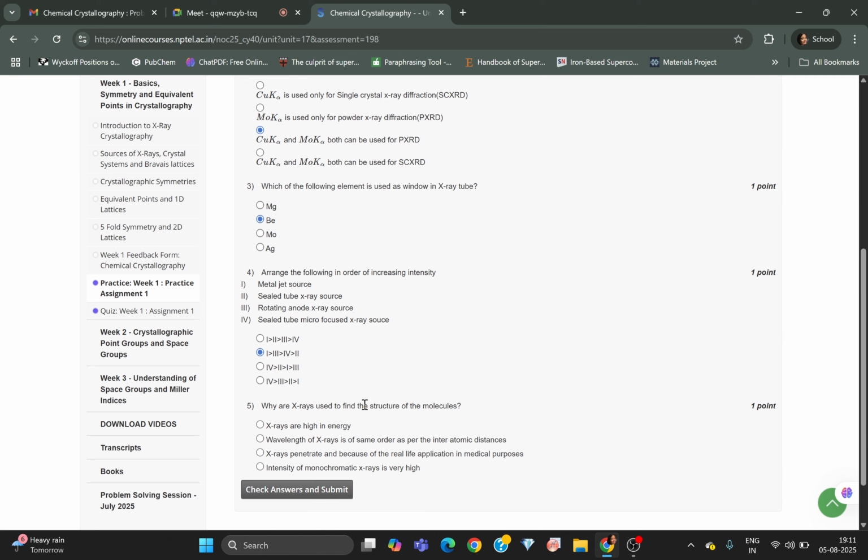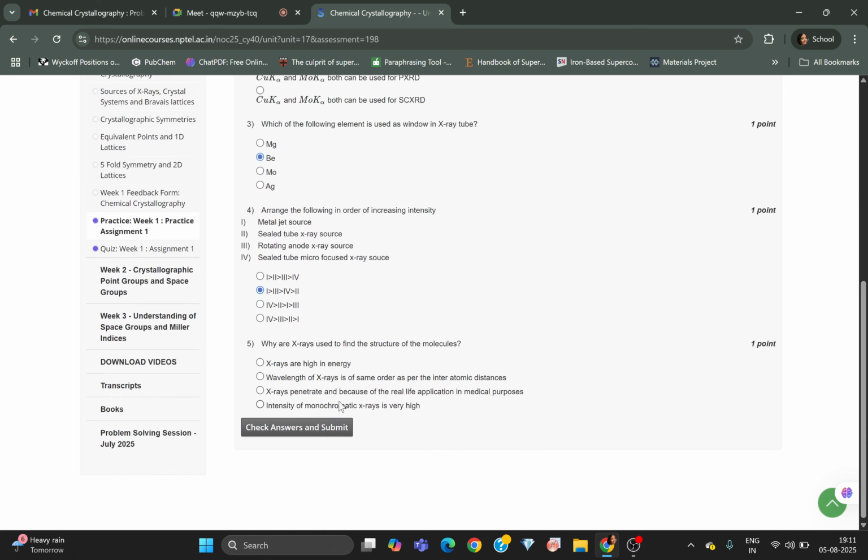And now the fifth one is: why are X-rays used to find the structure of molecules? The simple answer: typically in 3D crystals the interatomic spacing is about 2 to 3 Angstrom, and X-rays have wavelengths of 0.1 to 10 Angstrom.